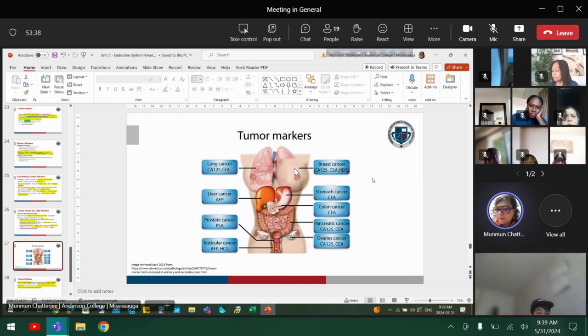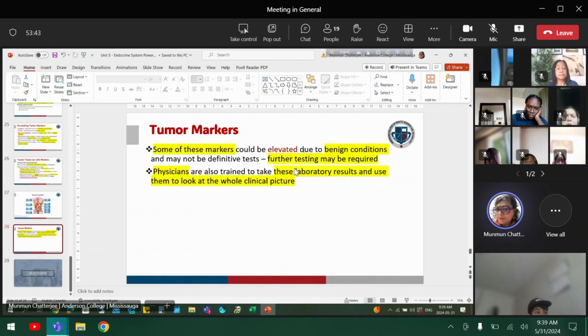This is an interesting chart. This is also good for us to know. Okay, so some of these tumor markers could be elevated due to a benign condition also and may not be a definitive test. Further testing may be required. So what happens is, in a benign condition some markers may be elevated, but it's benign.